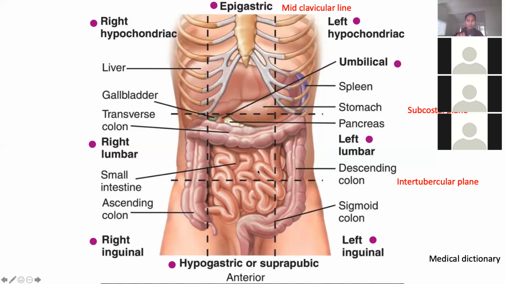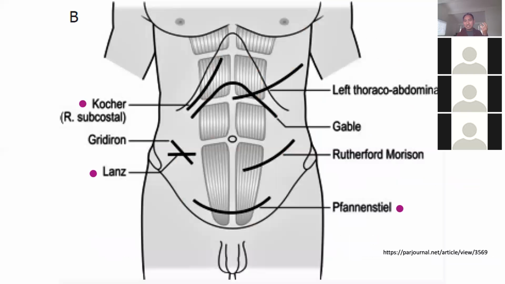If we put our hands just around the umbilicus, we will be feeling the small intestines. If we put our hands in the right hypochondrium or epigastrium, we are trying to feel the liver. So it makes it more meaningful when we do a physical examination of the patient.